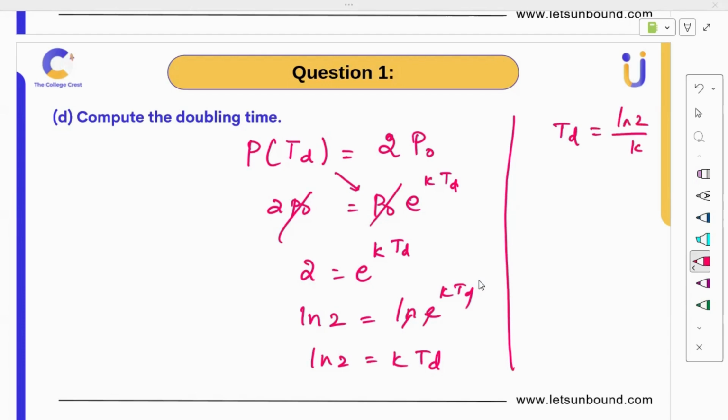We know the K value, so TD equals ln 2 divided by K, which is 0.4055, and we can simplify this doubling time and get approximately 1.709. So after 1.7 hours, the bacteria colony will have double the initial population. Right? And this completes problem 1.